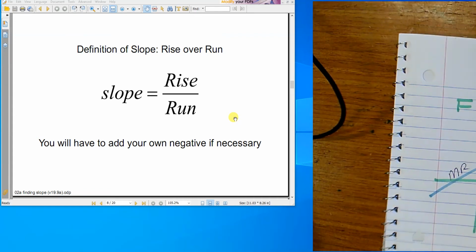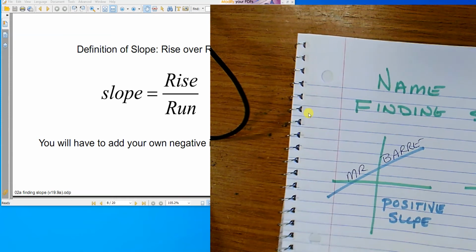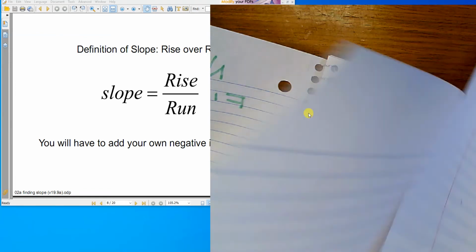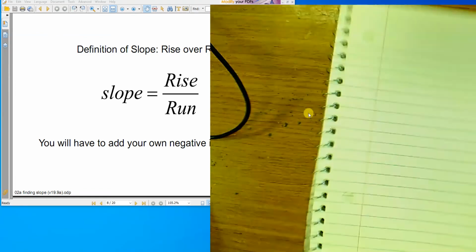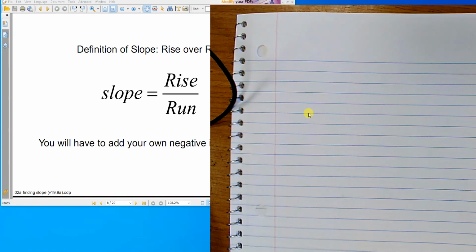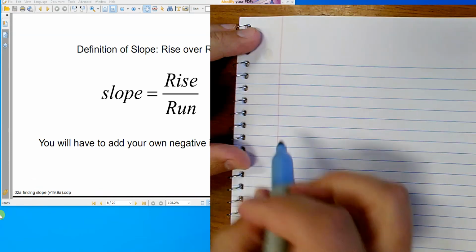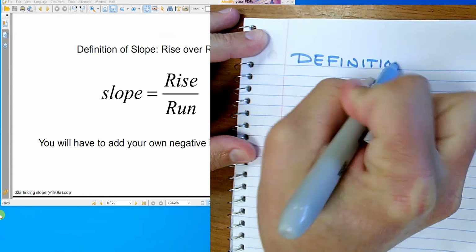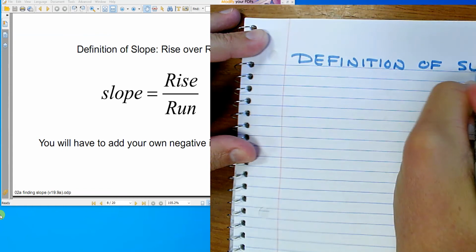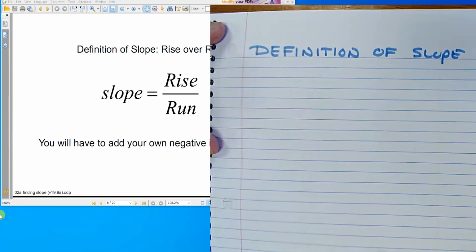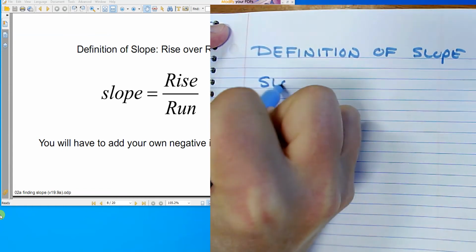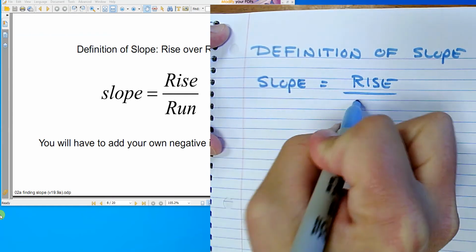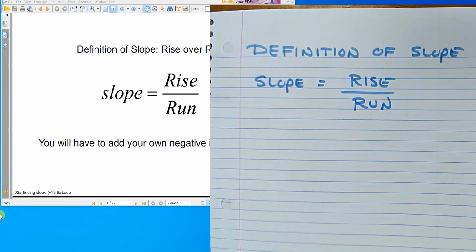The definition of slope is rise over run. Slope equals rise over run.